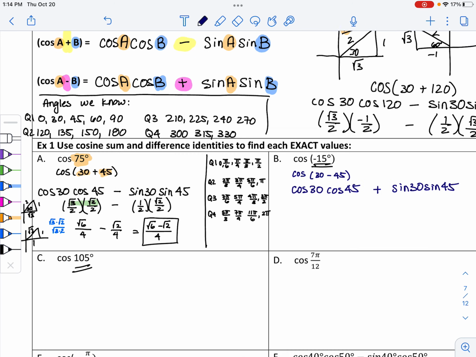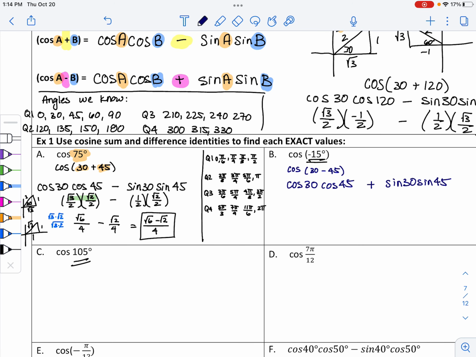We already have these pictures drawn off to the left, my 30 and my 45, so I'm going to use those same triangles that you can see in example A. Cosine of 30 is root 3 over 2. Cosine of 45 is root 2 over 2. I'm adding on sine of 30, which was 1/2, and sine of 45, which is root 2 over 2.